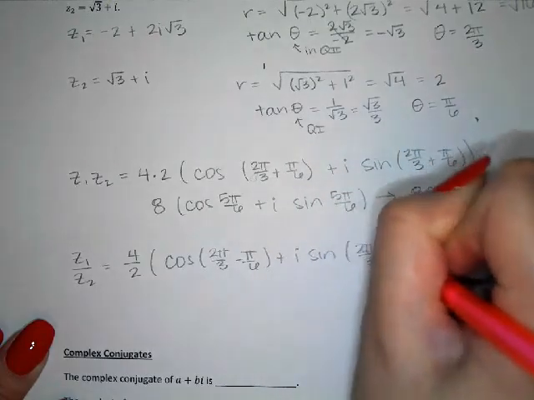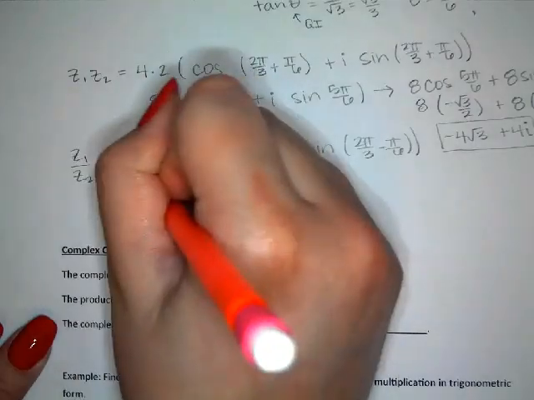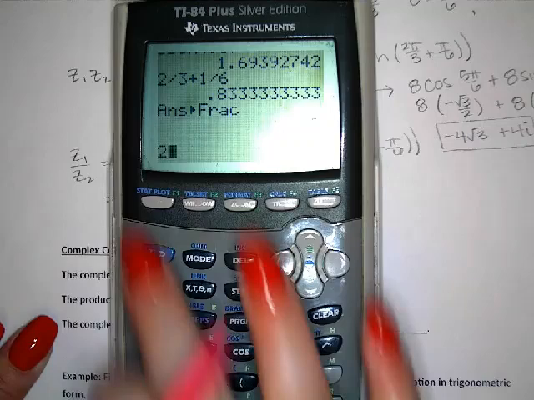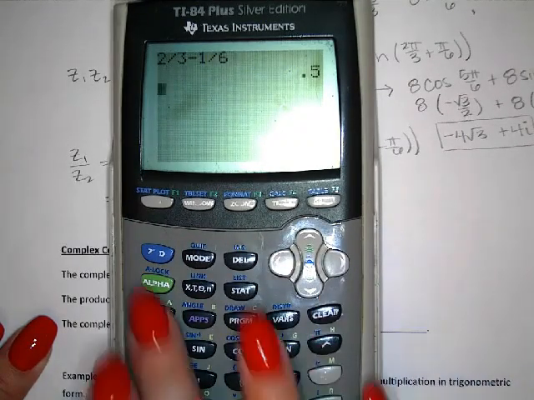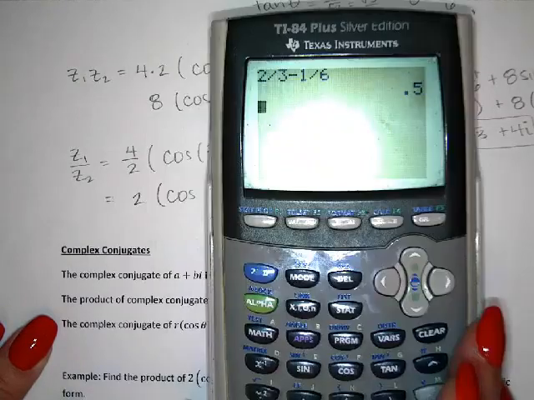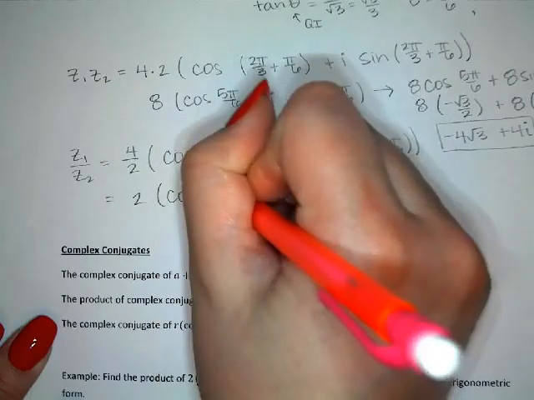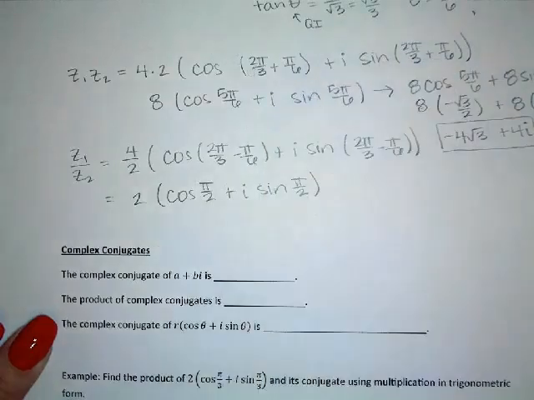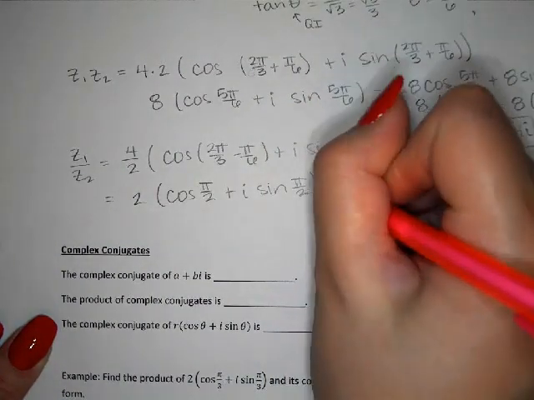So 2 cos, and 2/3 minus 1/6 is 1/2. So 2 cos pi halves plus 2i sine pi halves.